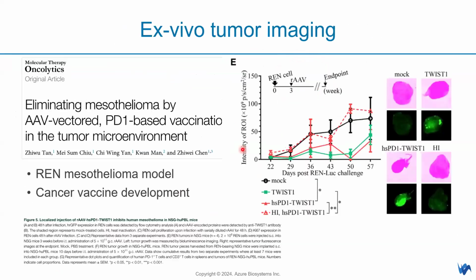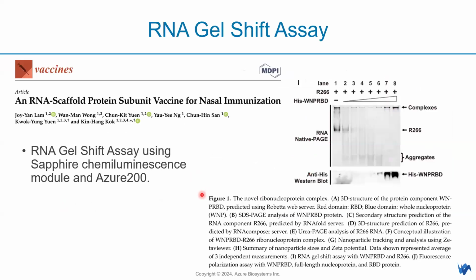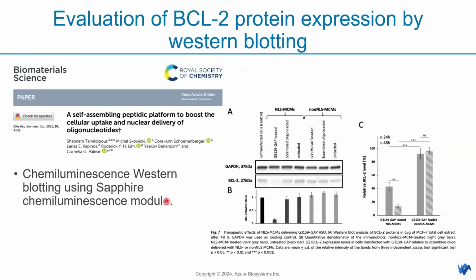Next thing on Sapphire, what you can do is ex vivo tumor imaging, which is trying to develop a vaccine against a tumor, which is tumor vaccines or cancer vaccine development. So this is also one of the example applications that Sapphire FL is able to do. Also another thing is RNA gel shift assay, and of course chemiluminescence signal detection using the chemiluminescence module.